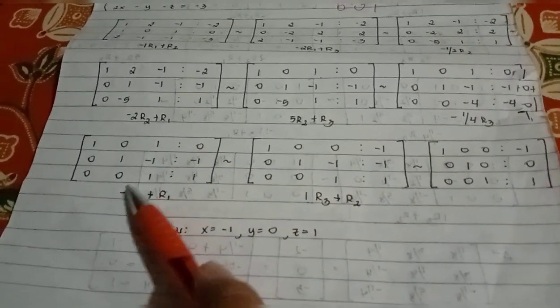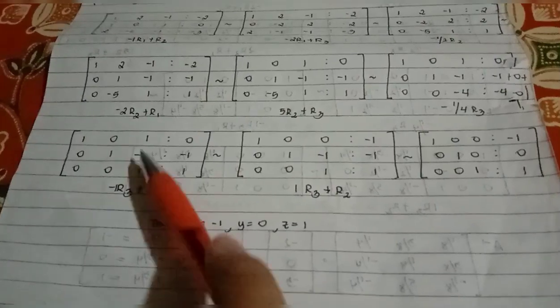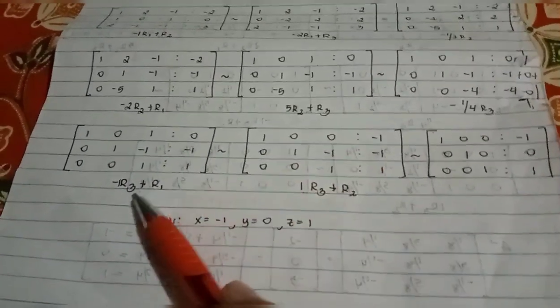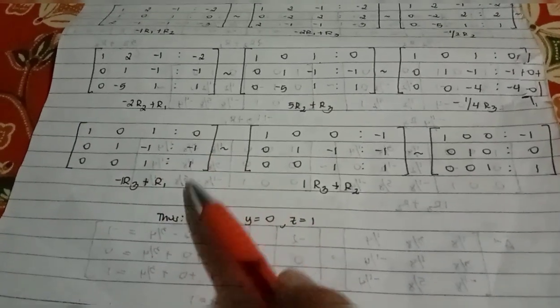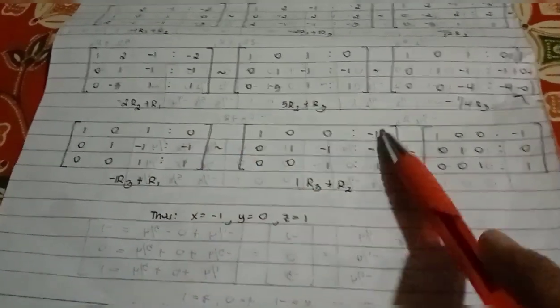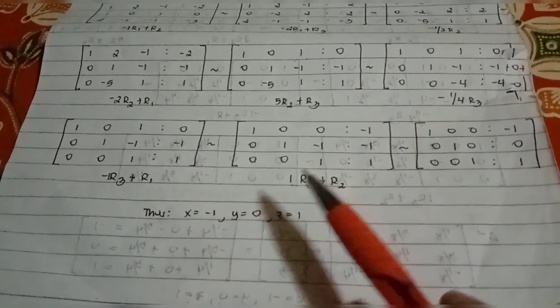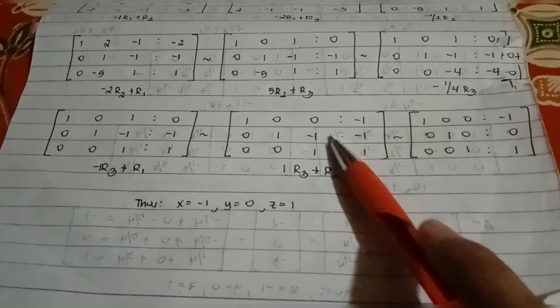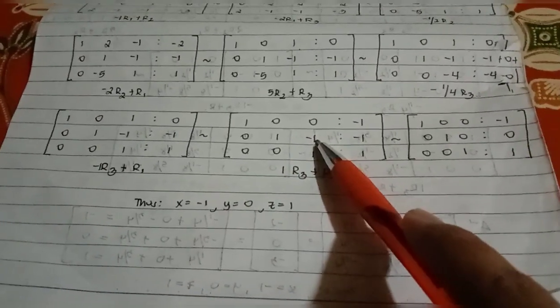Negative 1 times 1 plus 1 is equal to 0. Negative 1 times 1 plus 0 is equal to negative 1. So, the next goal is in the second row. We need to make this negative 1 into 0.